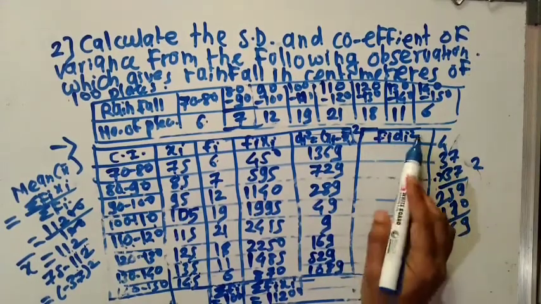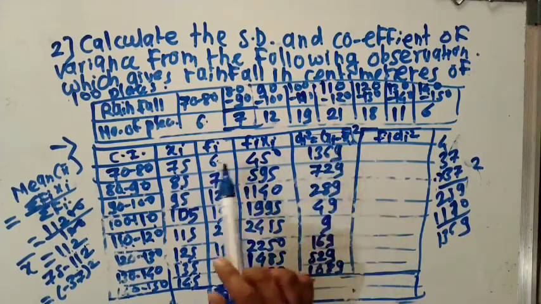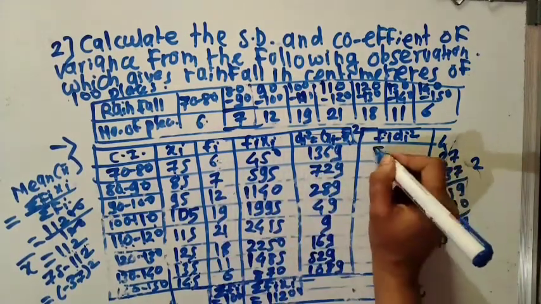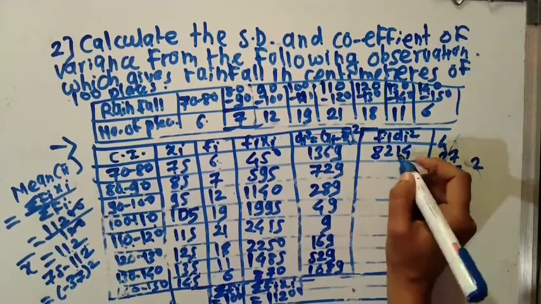Then find out fi into di square, this into this.